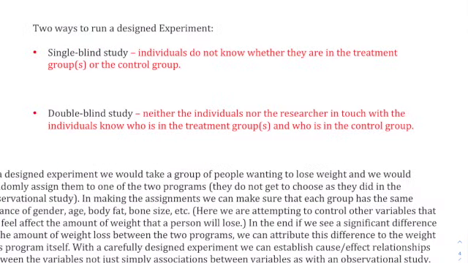Double blind study: neither the individual nor the researcher in touch with the individual knows who is in the treatment group and who is in the control group. So single blind is just the individual doesn't know, but double blind is the individual and the researcher don't know who is getting what.